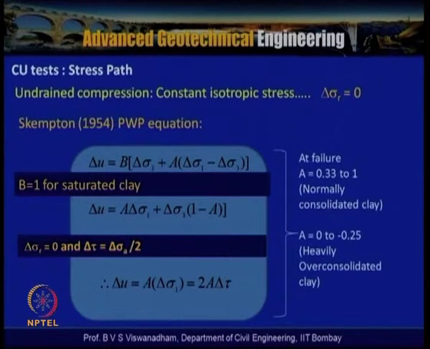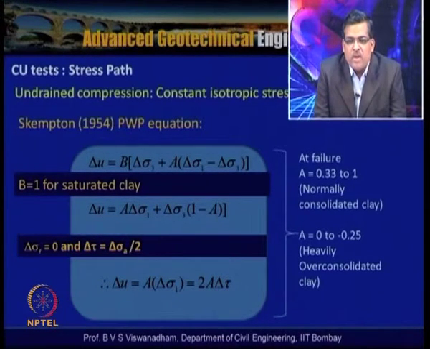Now, for undrained compression with constant isotropic stress, with the background of Skempton's pore water pressure parameters, we write the pore water pressure equation again: delta U is equal to B into delta sigma 3 plus A into delta sigma 1 minus delta sigma 3. At failure, A is equal to 0.33 to 1 for normally consolidated clay, and B is equal to 1 for saturated clay.